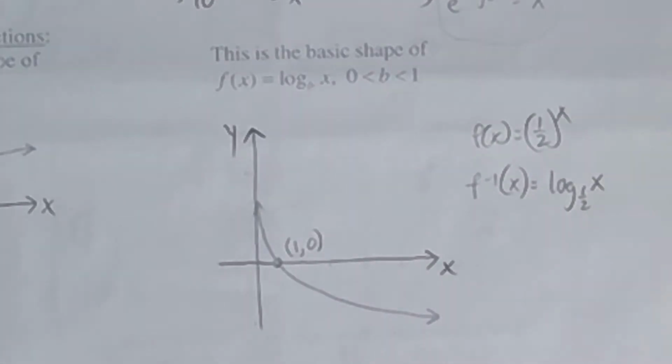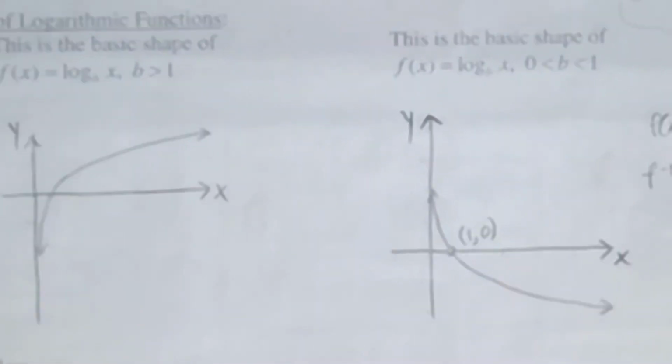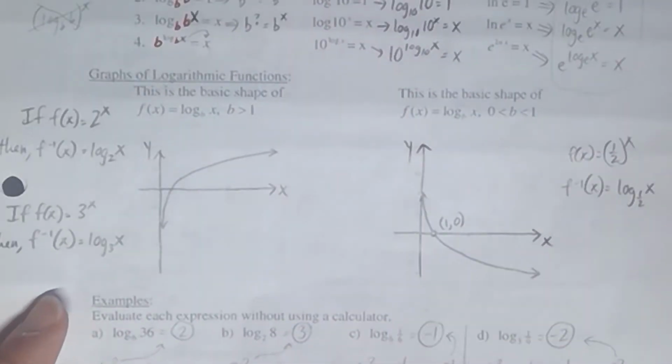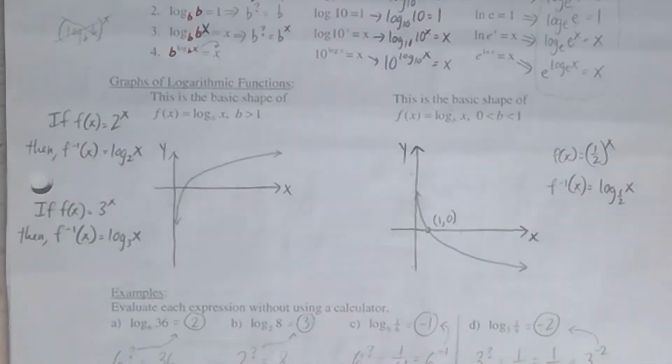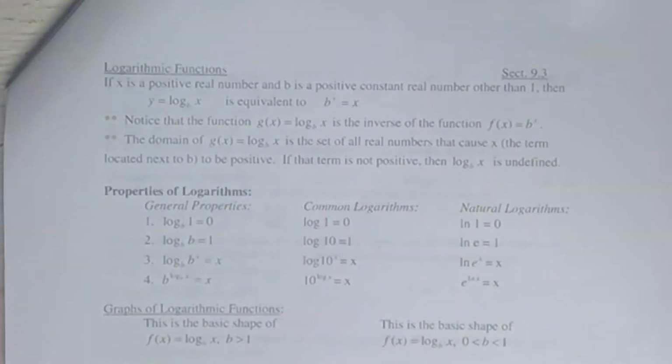So that is going to help us later on when we talk about the inverse graphs again, just like we did before. But for now, you guys, I want to practice with you about these logarithms a little bit more. So let's jump right into it, and we'll come back to that graphing stuff later.